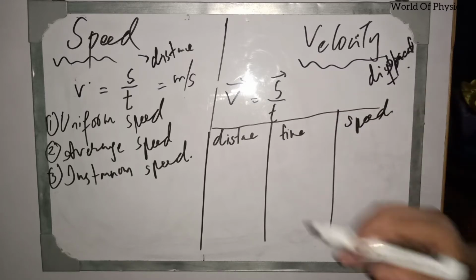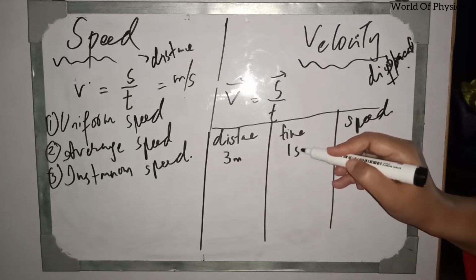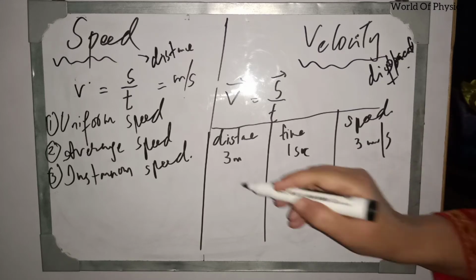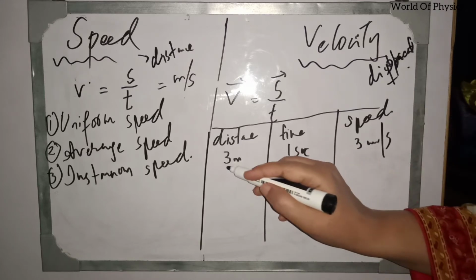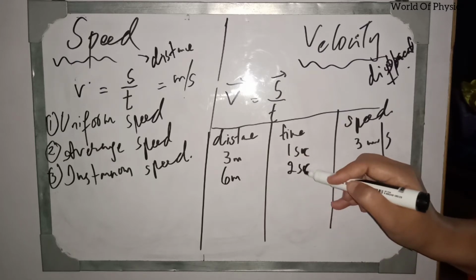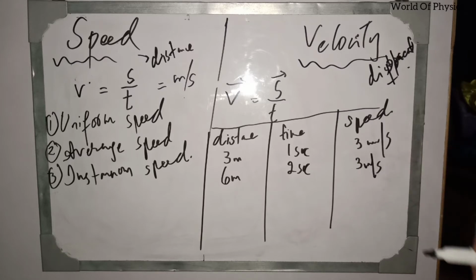So if a body is covering 3 meters in 1 second, its speed is 3 meters per second. If the same body is covering 6 meters in 2 seconds, then again the speed is 3 meters per second.